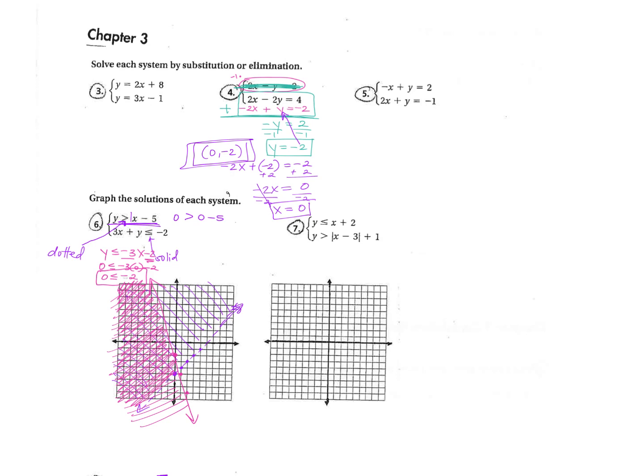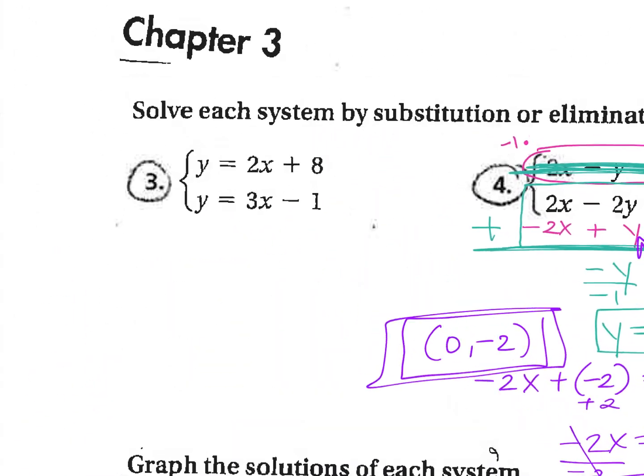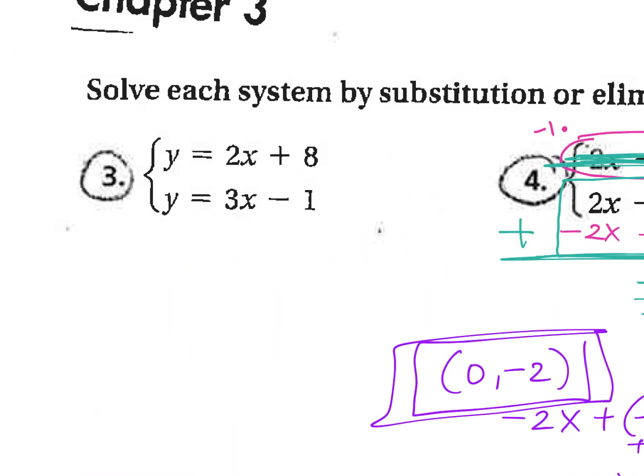Okay. So substitution or elimination. Which one's easier here? Substitution. Remember, substitution's the one that you isolate something, and you have both your y's isolated here. So we're going to take what y equals and we're going to replace the y in our other one. So we're going to say 2x plus 8 equals 3x minus 1.